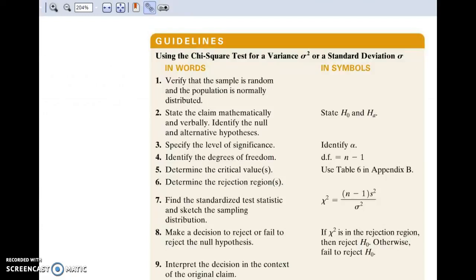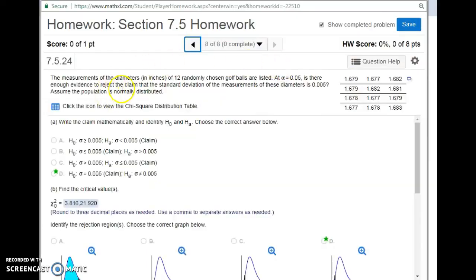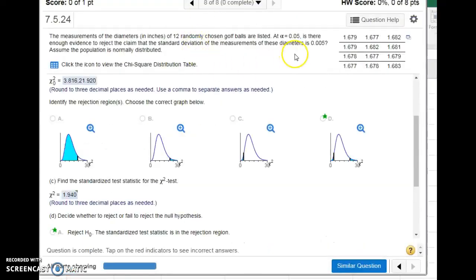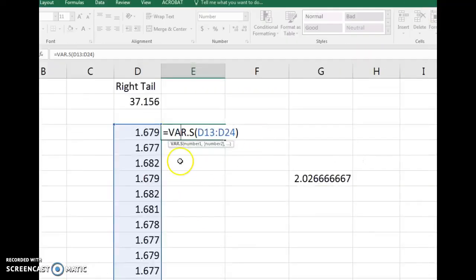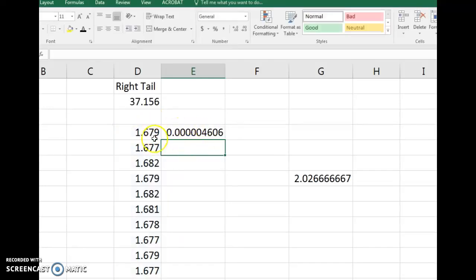One thing to look at here in the last problem that is a little different is we don't have the sample standard deviation or the sample variance given to us. We actually have the real data from the sample. So you need to copy that and put your sample in Excel, and then you can use VAR.S and select your sample, and that would give you the sample variance.